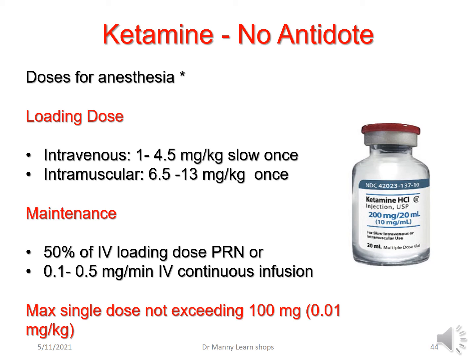Now remember, the maximum single dose shouldn't exceed 0.01 milligrams per kg or 100 milligrams. But again, let me reinforce, there will be a specific protocol for your organisational policy.